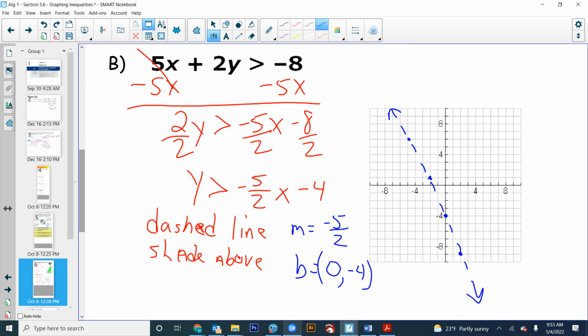Okay, now, am I going to shade above or below? Shade above. Now, where's above here? Like Mr. Westfall said, what's my x value? Negative 2? Where's above there? Which way? Wouldn't it be this way?